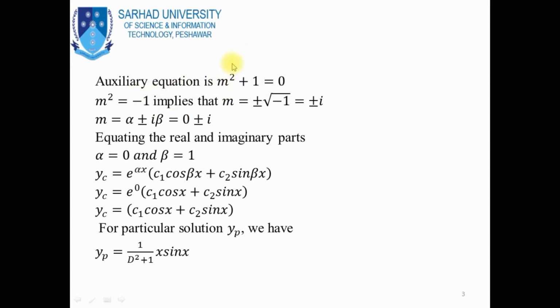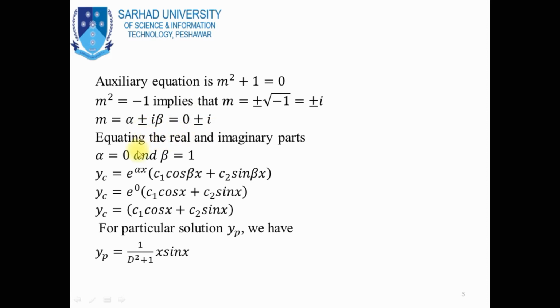Now the complementary solution depends on the nature of roots of this polynomial. The roots: m square is equal to minus 1, and this implies that m is equal to plus minus under root minus 1, which is equal to plus minus iota. Now by comparing, when the roots are complex and unequal, m is equal to alpha plus minus iota beta, so the alpha value is 0 and the beta value is 1, equating the real and imaginary part.